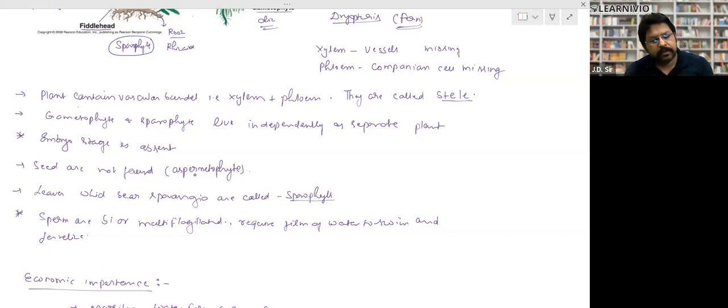Next point. Leaves which bear sporangia are called sporophyll.